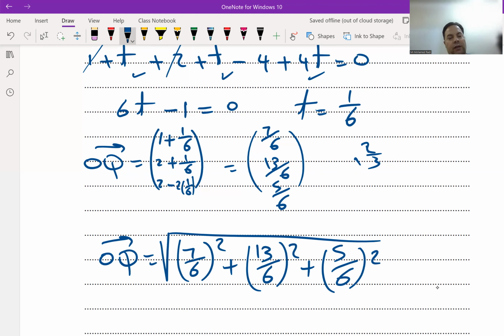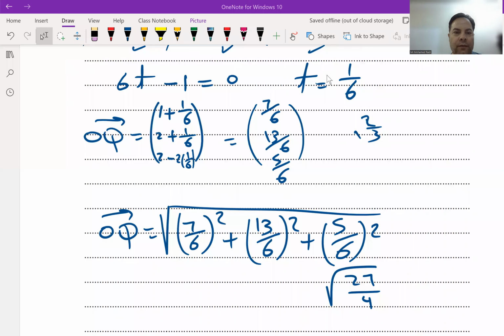Now we'll try to simplify the answer. 7 over 6 all squared will be 49 over 36, plus 13 squared is 169 over 36, plus 5 squared is 25 over 36.